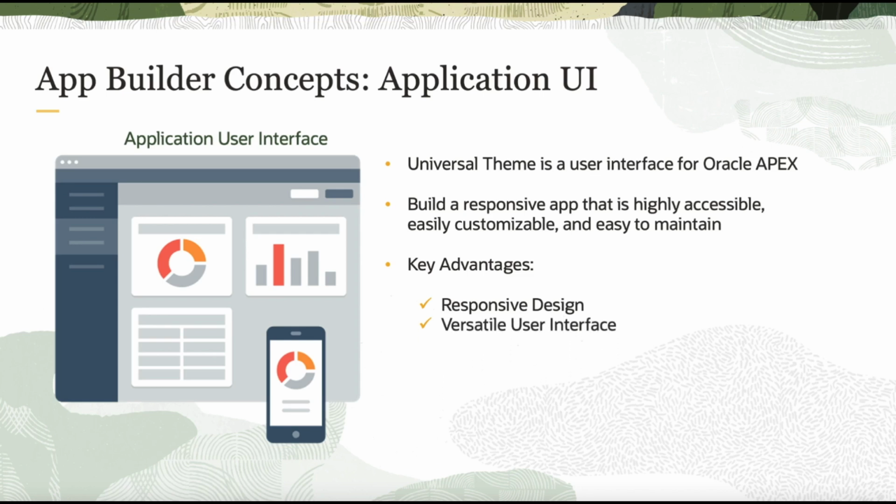Universal Theme provides all the components and building blocks necessary to build practically any type of business application user interface. You can effortlessly customize and fully control the look and feel of your applications without becoming an expert in UI design, HTML, CSS, or JavaScript.